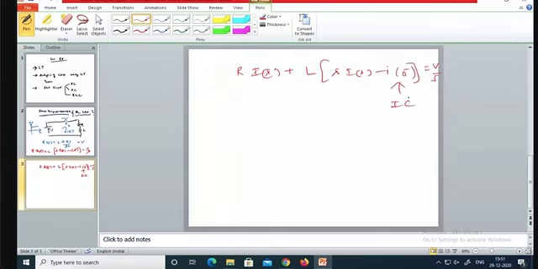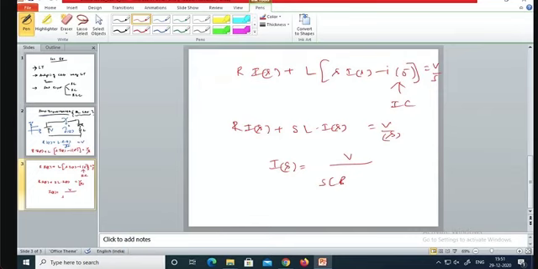Assuming that initial conditions are absent, you get R into I(s) plus s into L into I(s) equal to V/s. Simplifying for I(s) is equal to V/(s(R+sL)). This is the expression for I(s).